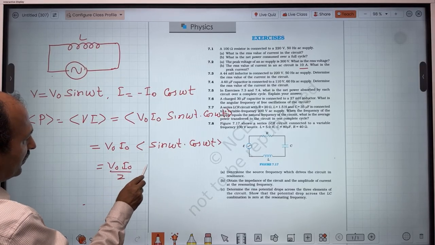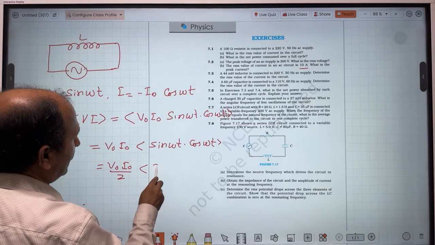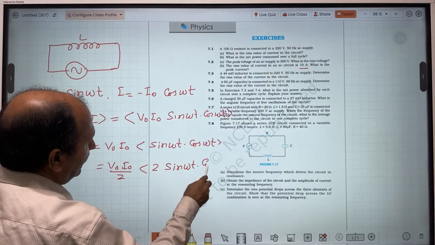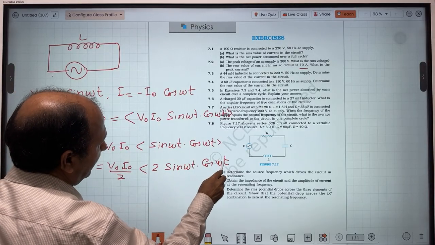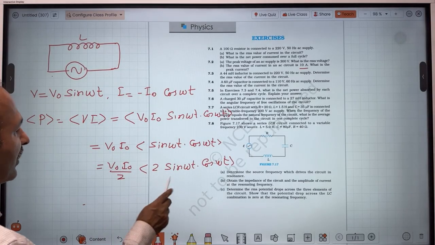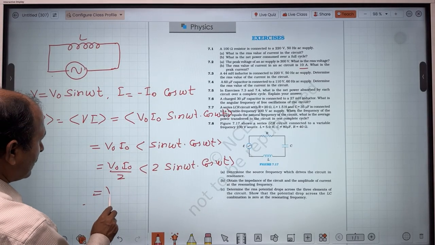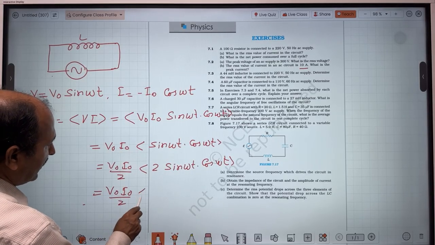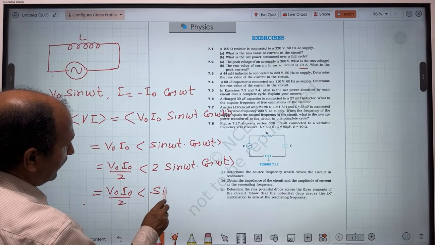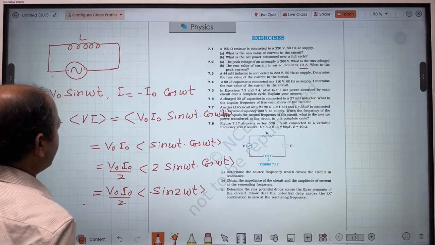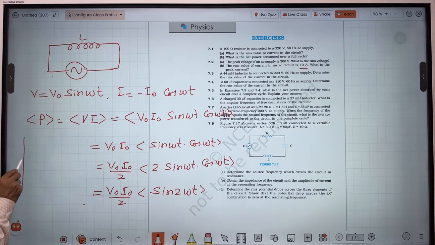So V0 I0 divided by 2 times 2 sine omega t into cos omega t, right? If you remember the formula, 2 sine theta cos theta becomes sine 2 theta. So this becomes V0 I0 divided by 2 times sine 2 omega t. Its average value.